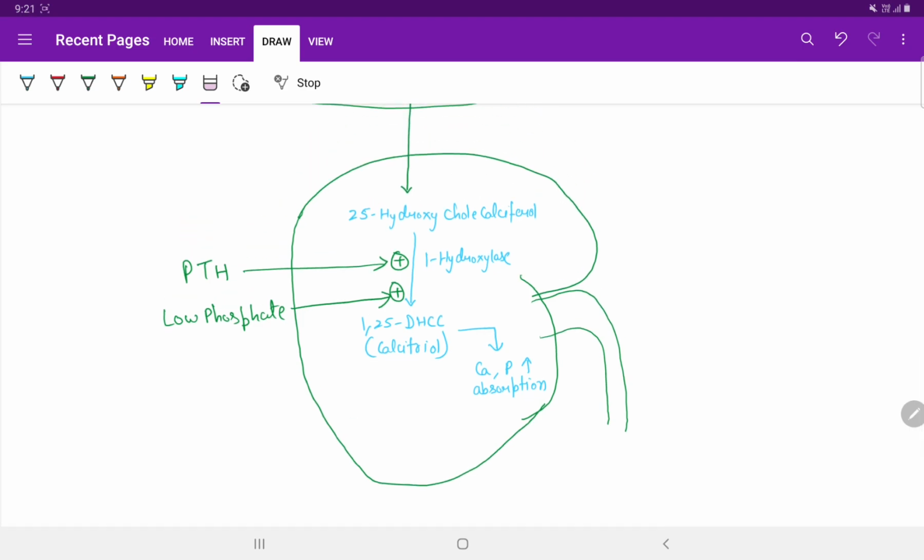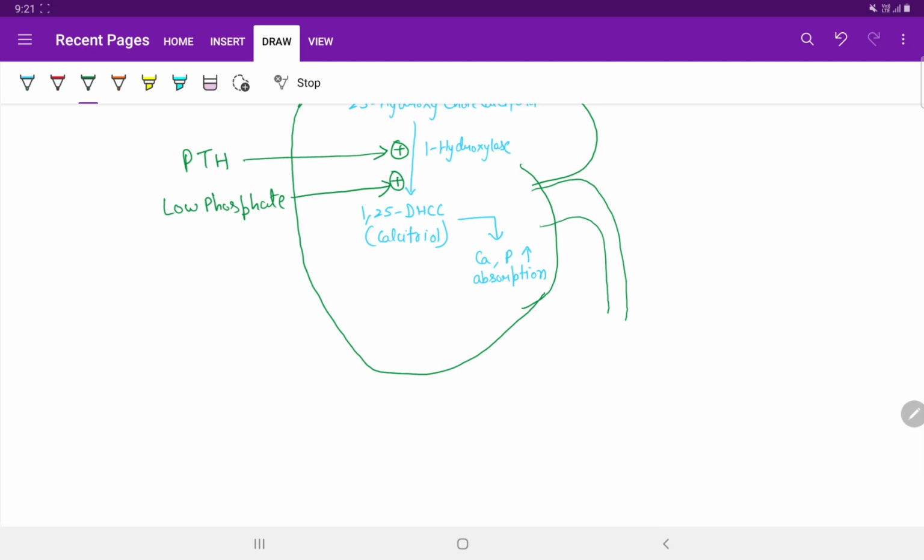So remember this. Now from this, the calcitriol goes into the bloodstream, where it is either absorbed by the intestine or by the bone and leads to bone formation or the absorption of calcium.